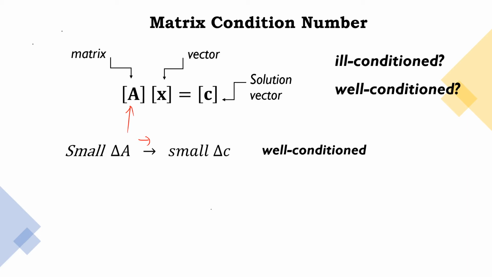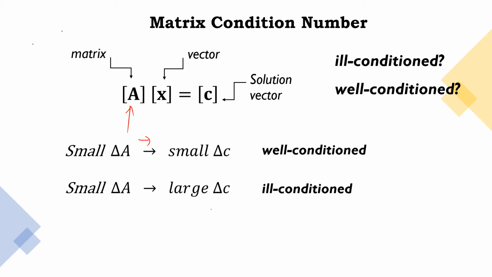On the other hand, if we make a small change in any of the elements in our matrix A, and it has a large impact, resulting in a large change in our solution vector C, then our problem is said to be ill-conditioned.